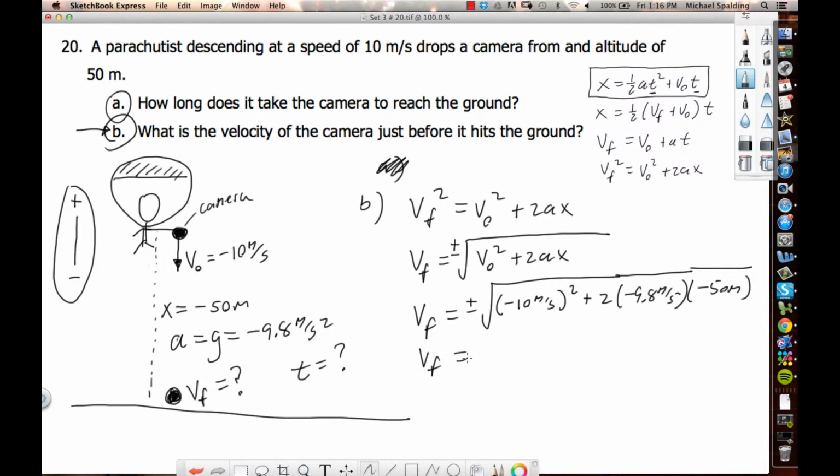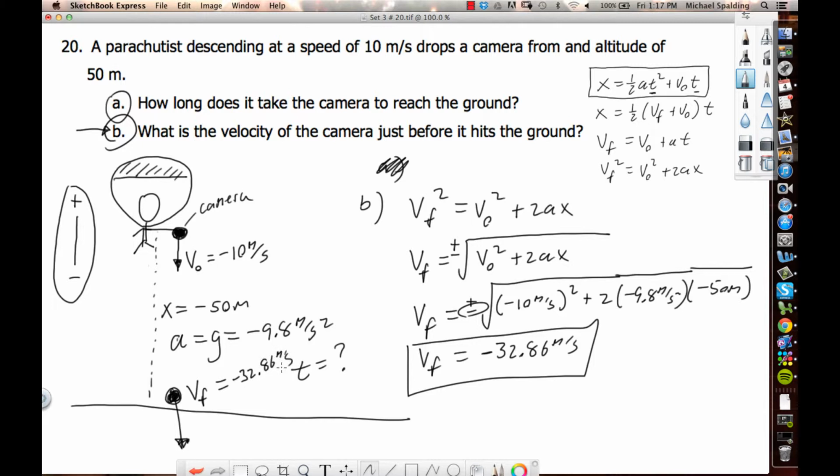So we get v final as 32.86, plus or minus, which one? Minus. You have to choose the minus. Why is it minus? It's going down. So we figured out that v final is negative 32.86 meters per second.